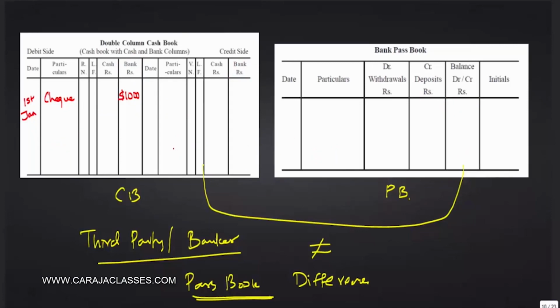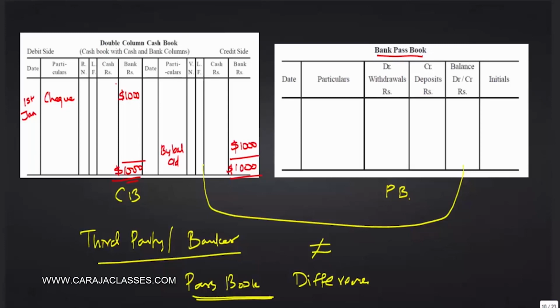And say on 1st January your balance carry down will be $1,000. So your books of accounts will say your bank balance as on 1st January is $1,000, but this $1,000 is not going to be affected on 1st January in your bank passbook, because the bank will record this transaction only when this check is realized.